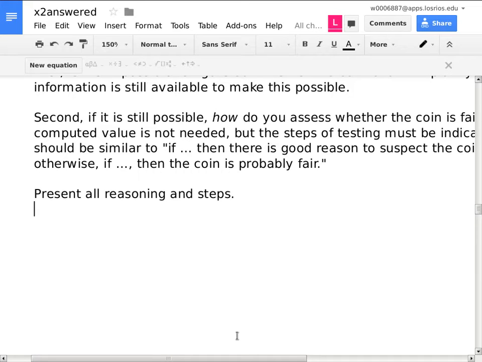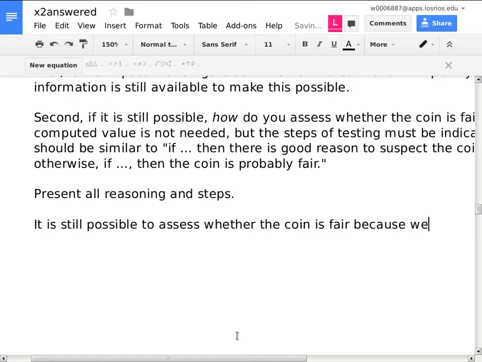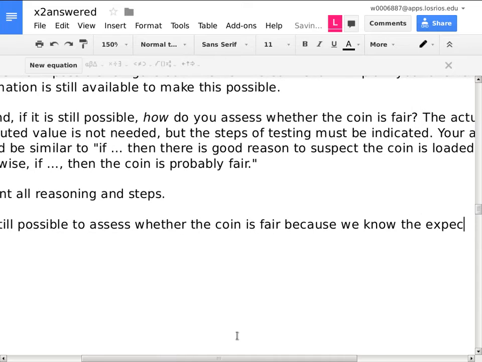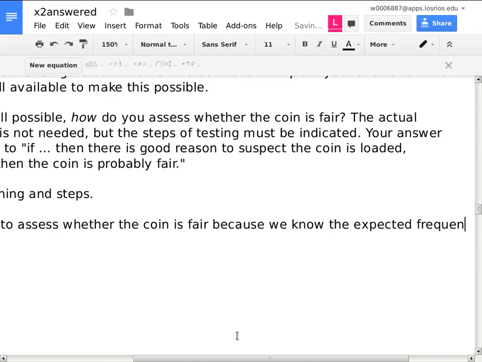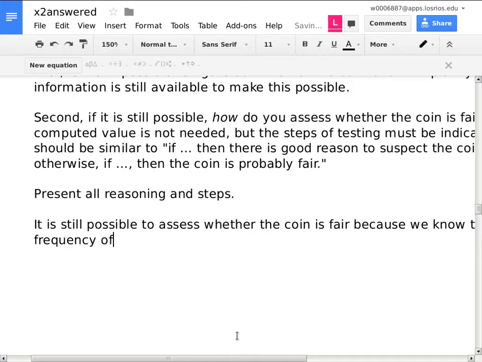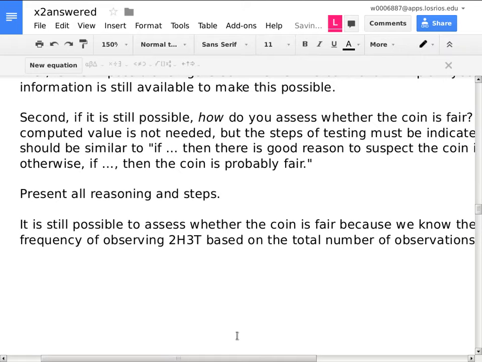So for the first part, we say it is still possible to assess whether the coin is fair because we know the expected frequency of observing 2 heads, 3 tails based on the total number of observations.